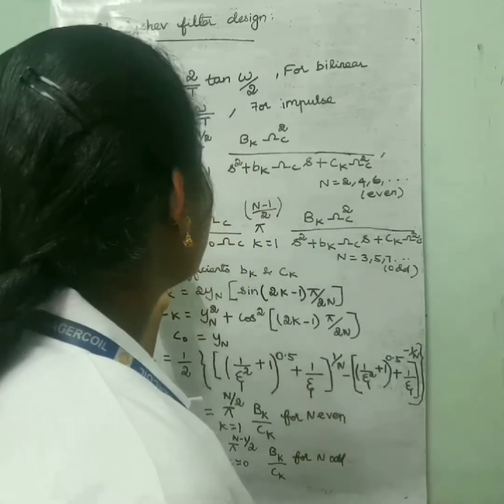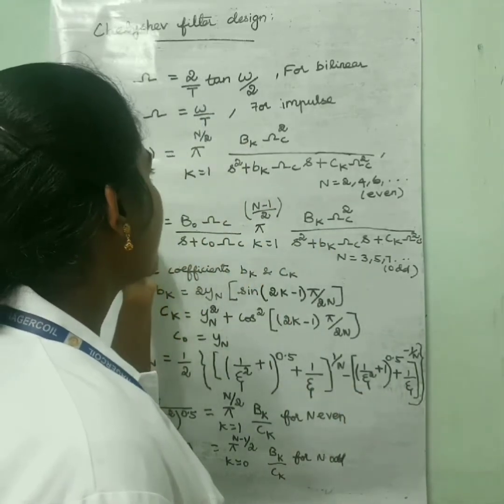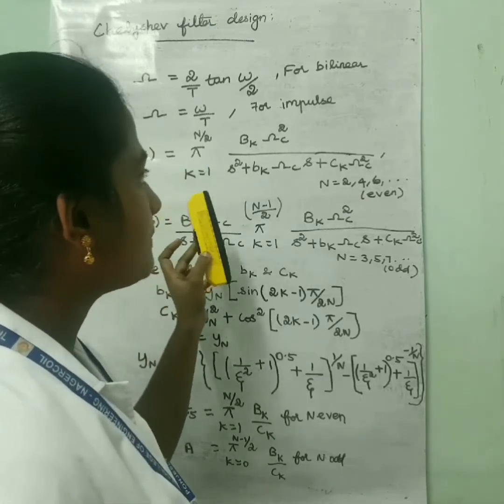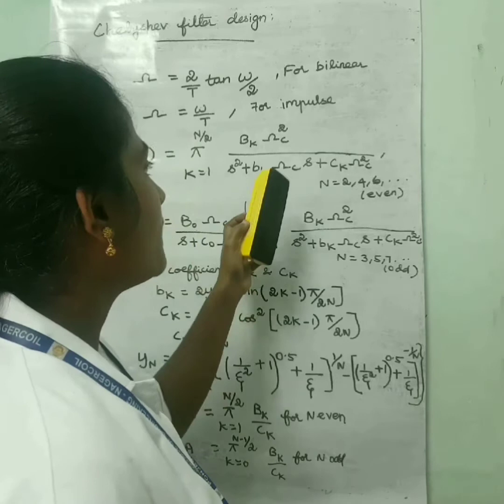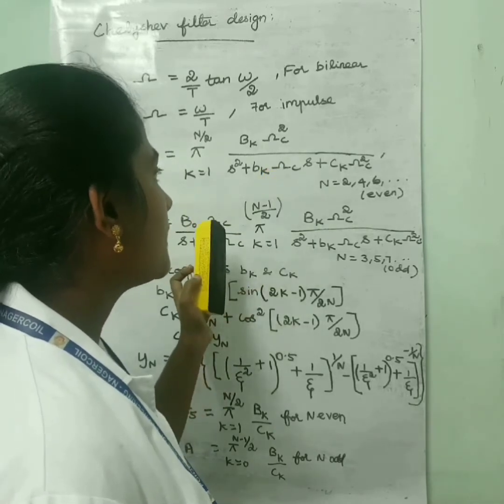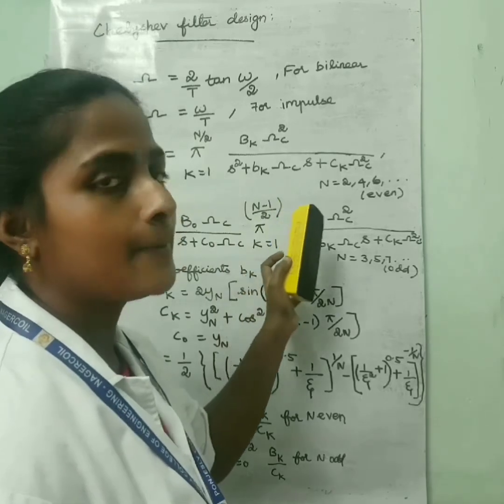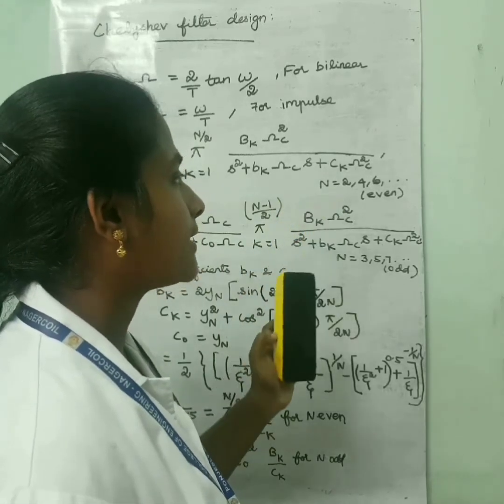Next we have the transfer function. For even order, H of s equals the product for k equal to 1 to N by 2 of b k into omega c square divided by s square plus b k into omega c s plus c k into omega c square.